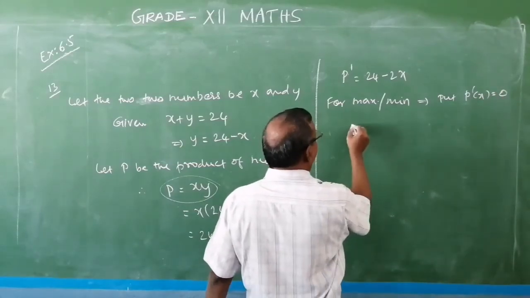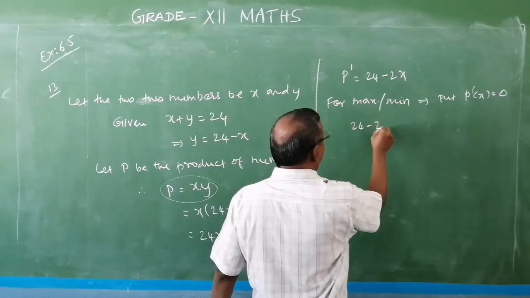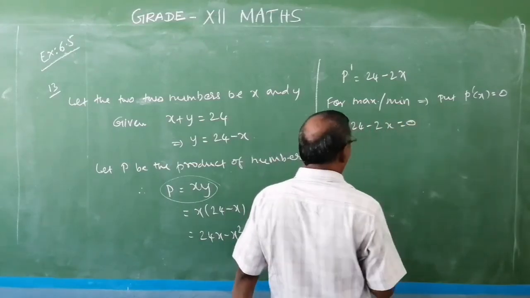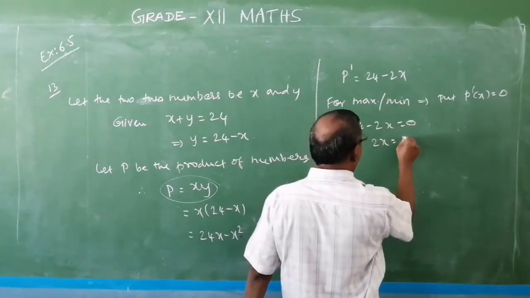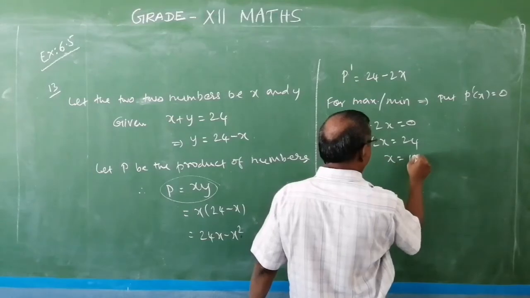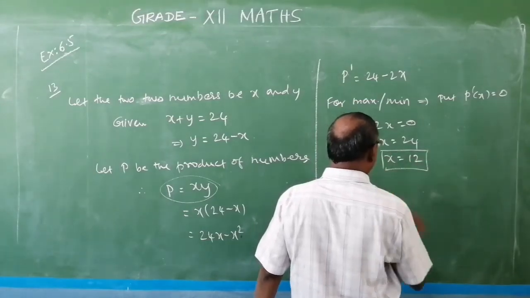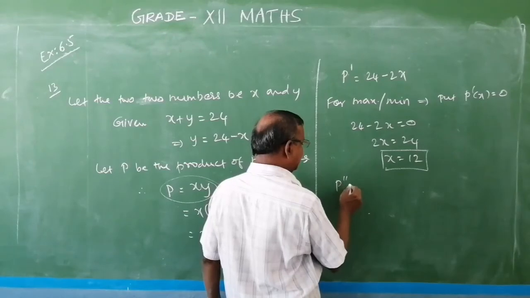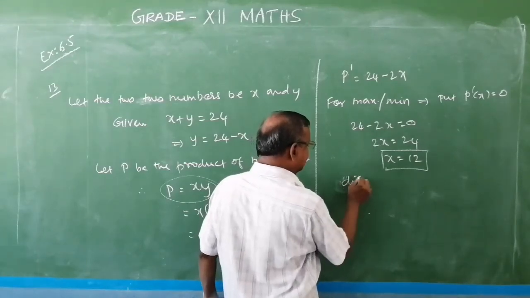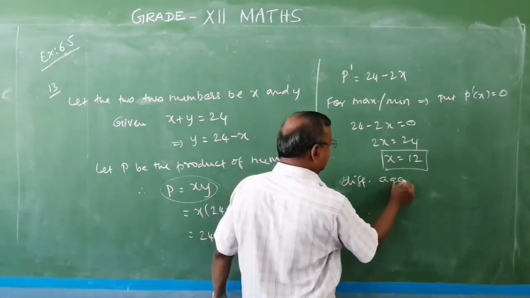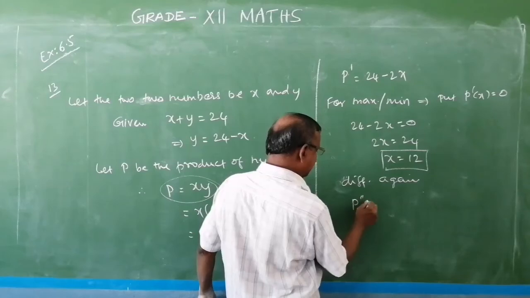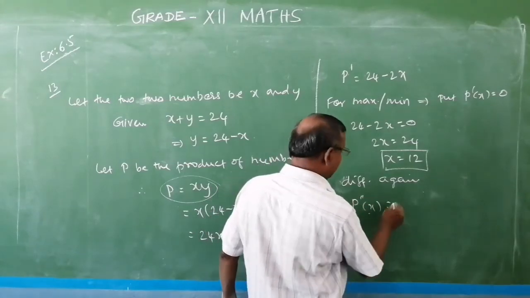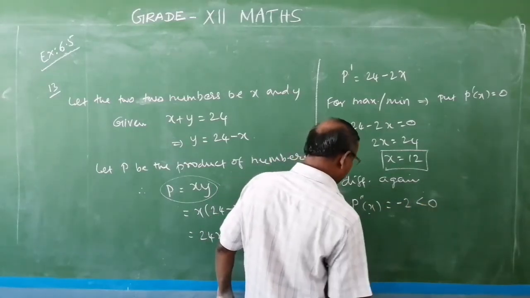Therefore, 24 minus 2x equal to 0 or 2x equal to 24, x equal to 12. Now, we need to find whether it is maximum or minimum. Differentiating again, p double dash of x equal to minus 2, which is less than 0.